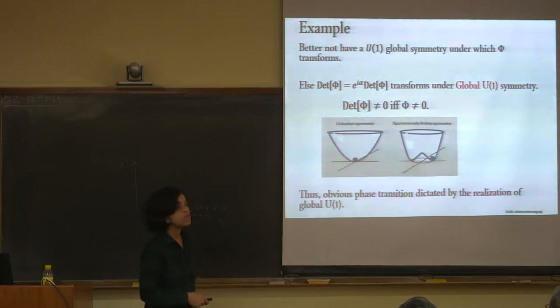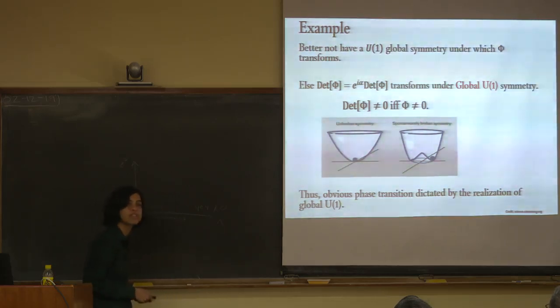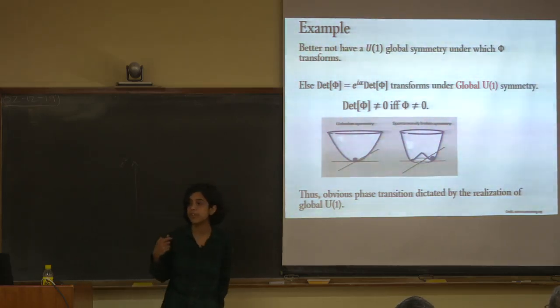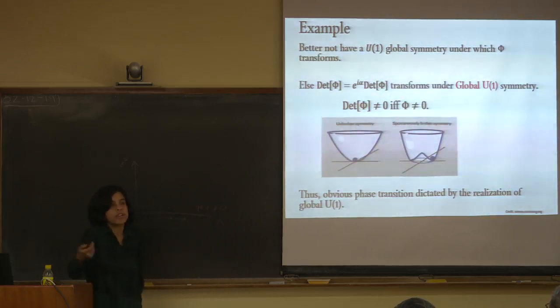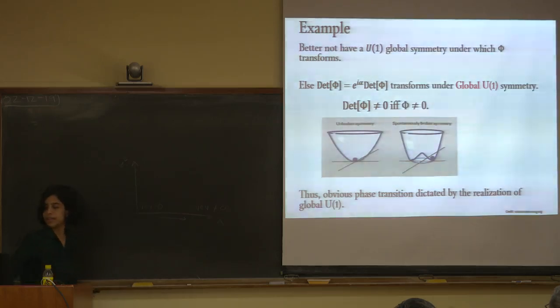The symmetry is spontaneously broken on one side and not broken on the other side. So there's an obvious phase transition, and this is something that Fradkin and Shenker wanted to get rid of, because this is not telling you anything about the gauge theory itself. It's just coming out of the potential that you had. This is the simplest gauge invariant operator that is charged under the symmetry. Yes, exactly. So they got rid of that.